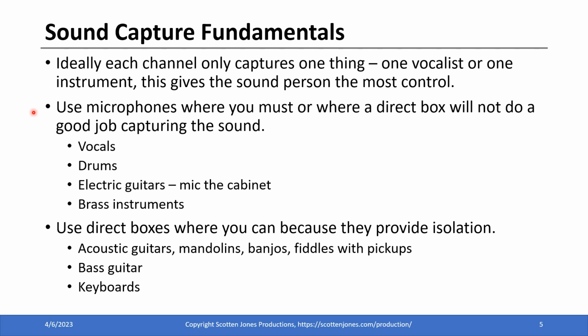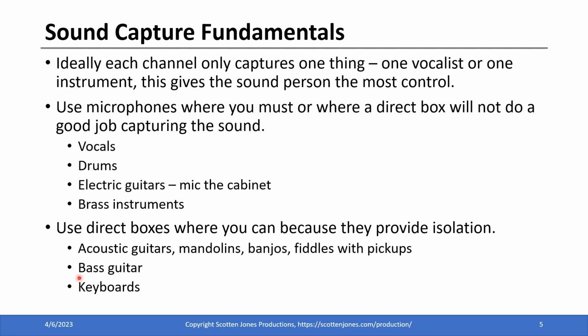Generally, yes, but on a stage in a real environment, number one, the person playing the guitar can't move around because they're going to get louder or softer as they move. And secondly, it's going to pick up a lot of other stuff. It's better to just run it through a direct box. And if you have a good pickup in the guitar and a good direct box, it will sound good.